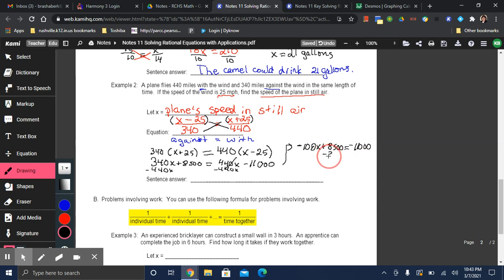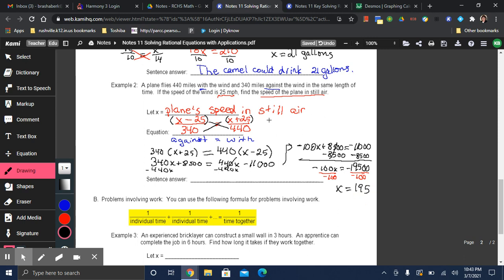I can subtract 8,500 from both sides of the equal sign. This is going to give me negative 100x equals negative, and then these will add together to give me 19,500. I can divide both sides by negative 100, and x is going to equal 195.